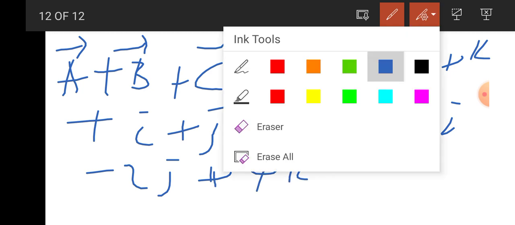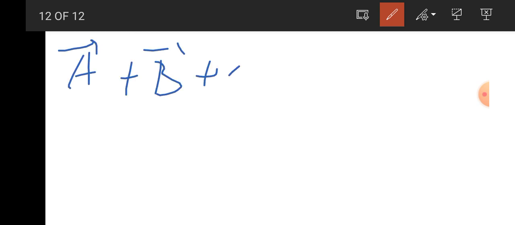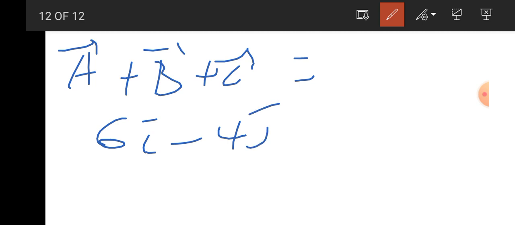So this is equal to 6i minus 4j plus 7k direction.